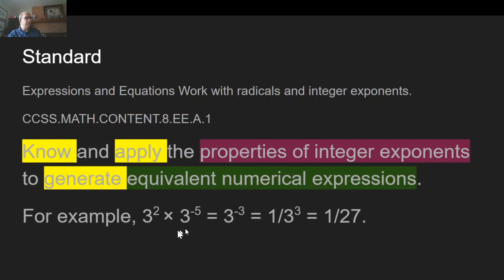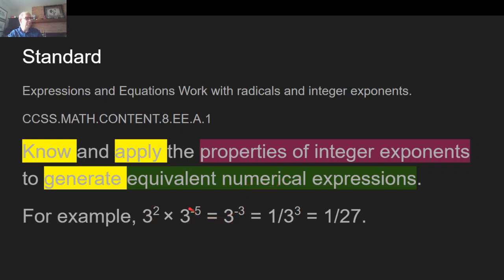Equivalent numerical expressions. So for example, 3 to the power of 2 times 3 to the power of negative 5, an equivalent, that's the equals, numerical expression is 3 to the power of negative 3. So they're equivalent and they're numerical, so they've got numbers and they're expressions.